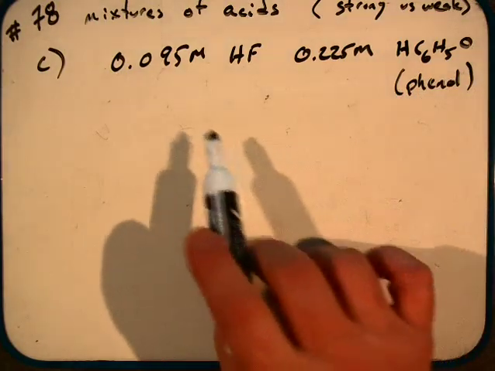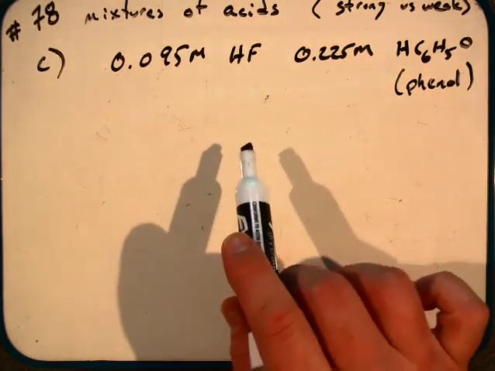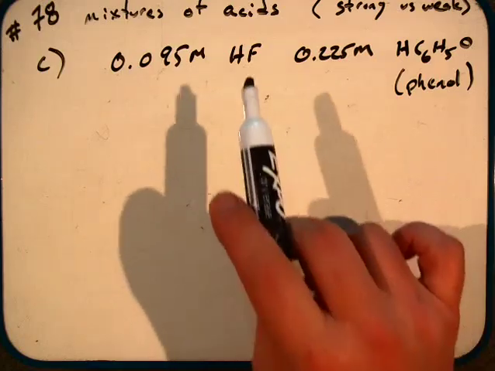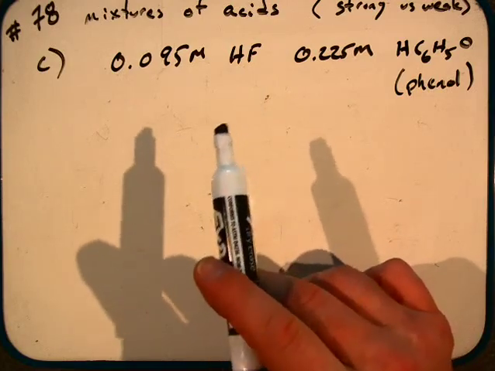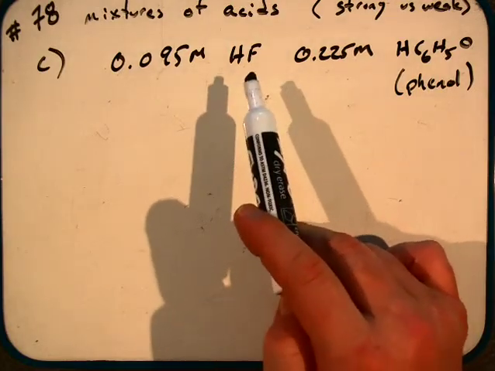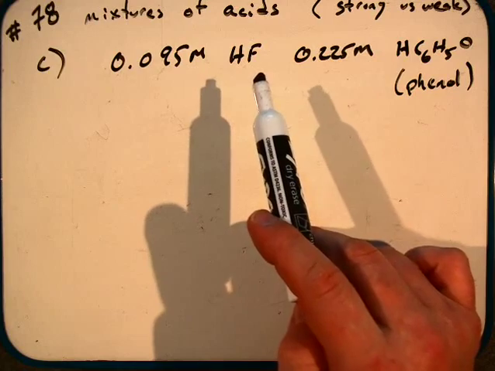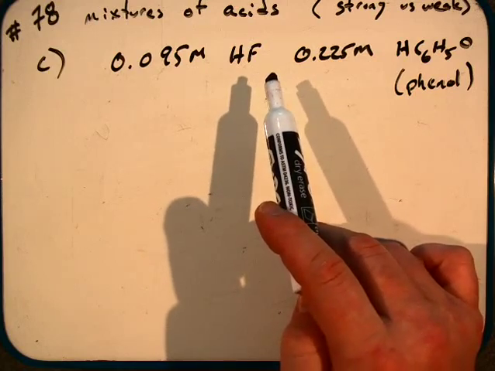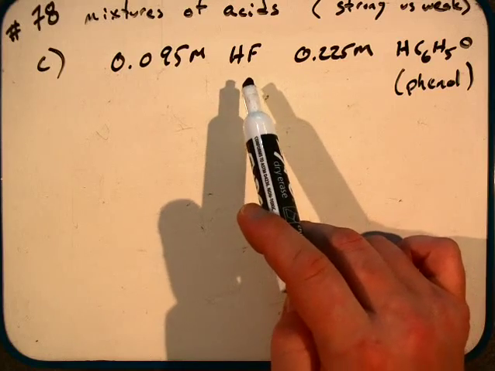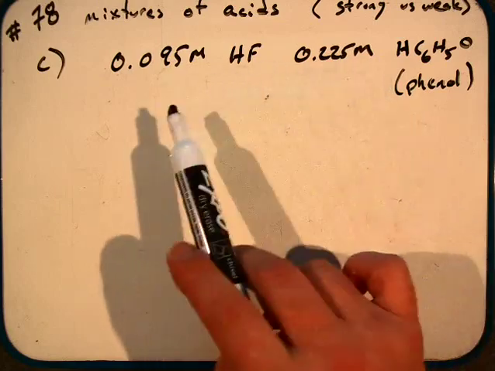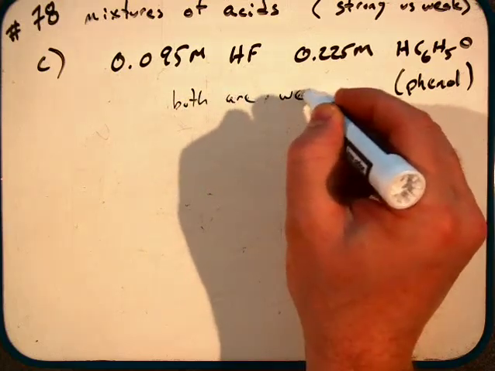And then we have hydrofluoric acid, and you might say that, well, hydrochloric, hydrobromic, those are all strong acids, so hydrofluoric is also strong. Hydrofluoric actually is not a strong acid, it's weak. This has to do with the anion, fluoride. F minus, since the atom of fluorine is so small, and there's a lot of electron-electron repulsion, the anion really isn't that stable. As a result, we really have two weak acids here.